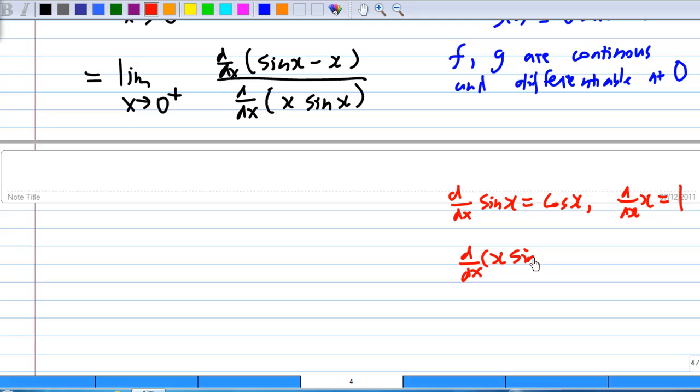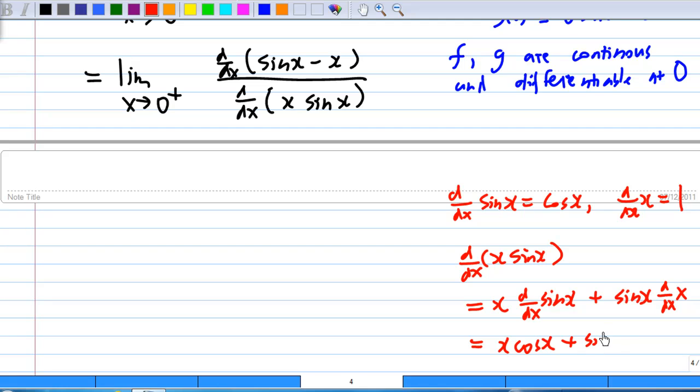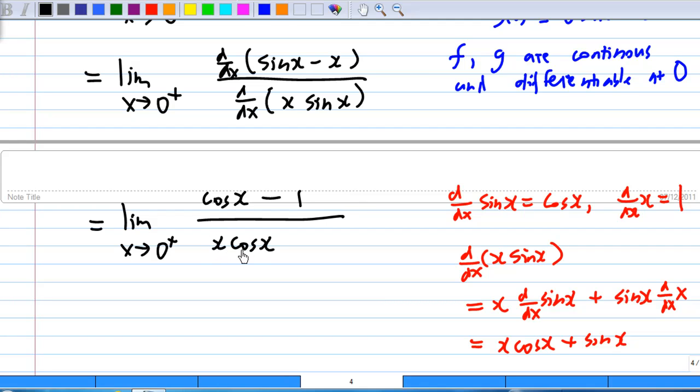In this case, you need the product rule for differentiation, which says that you keep the first term x and differentiate sine x, plus keep the second term sine x and differentiate the first term x, which will give me x cosine x plus sine x. So the above limit becomes the limit of x goes to 0 from the right, cosine x minus 1 over x cosine x plus sine x.